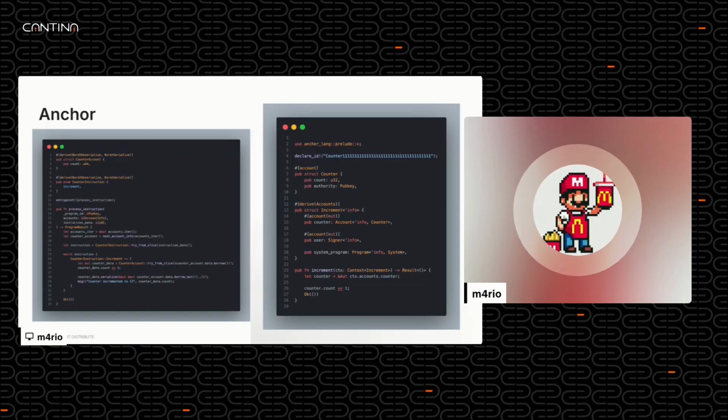We're going to focus on Anchor throughout the presentation. I'm not going to go much into raw Solana code, because there are lots of things to talk about there, so I'm going to focus only on Anchor.